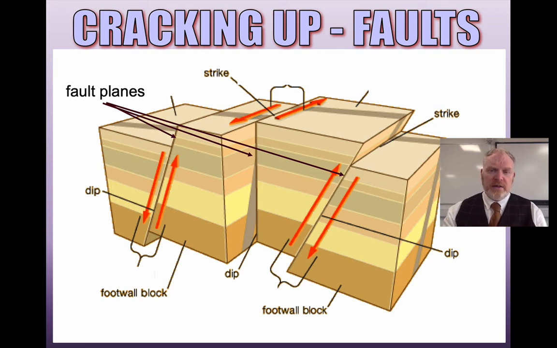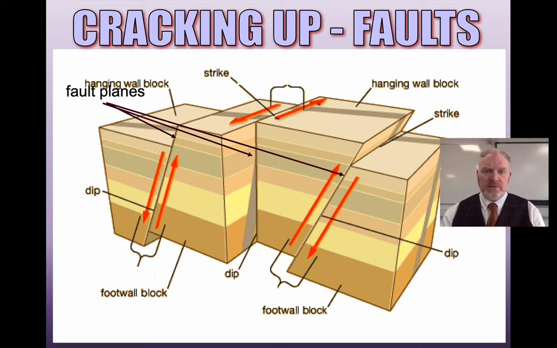The block of rock above the fault plane is what we call the hanging wall. So again, we pick a point anywhere on the fault plane. The block of rock that's above that point is the hanging wall. As we'll see, it's really important to be able to identify those two blocks when we start looking at the different types of fault.